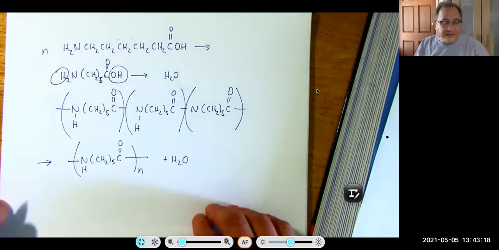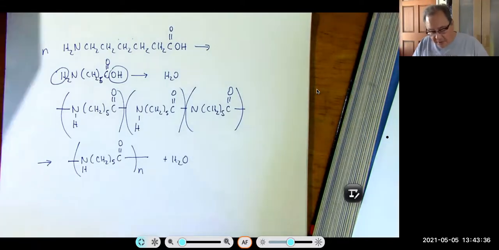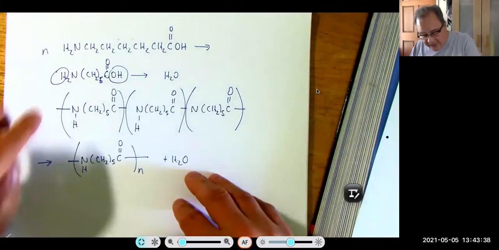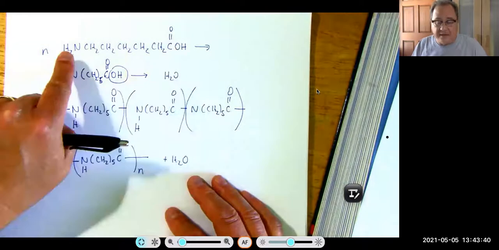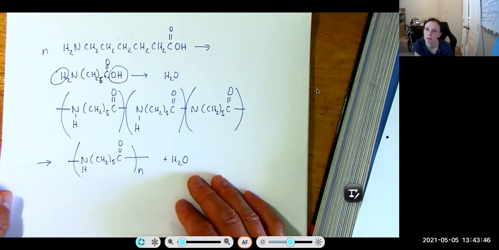So in this case, it's not a diamine and a diacid. It's a molecule that has both an amine and an acid on it, and they can also polymerize, as long as you've got an acid on one end and an amine on the other. What else do you think can polymerize in addition to that? An alcohol.